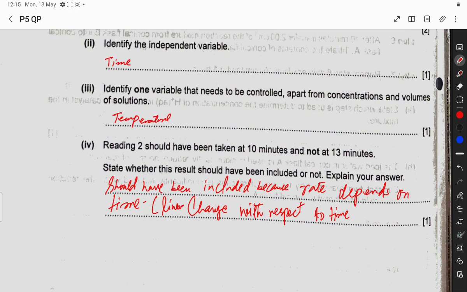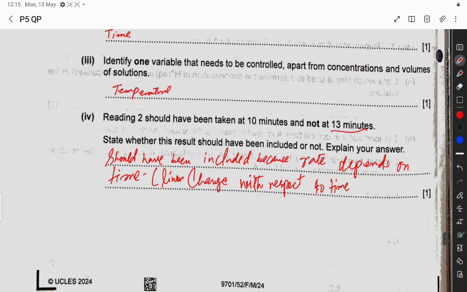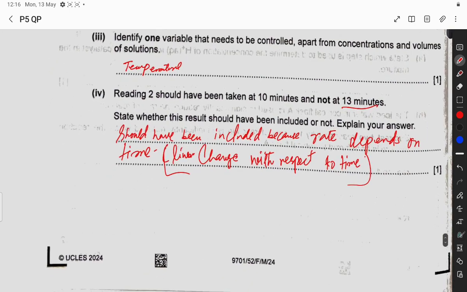Reading 2 should have been taken at 10 minutes and not at 13 minutes. State whether this result should have been included or not. Explain your answer. Should have been included because rate depends on time. So linear change with respect to time. So that's why it should be included in the readings.